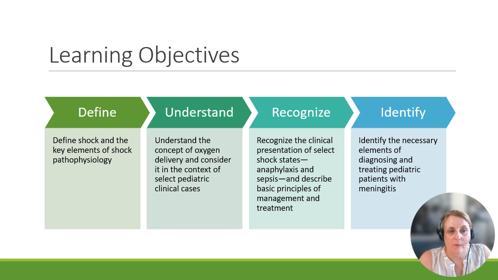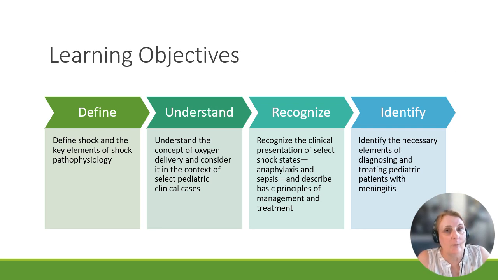What you will learn. You'll learn how to define shock and other key elements of shock physiology, as well as understand the concept of oxygen delivery and consider how to select this in pediatric clinical cases.